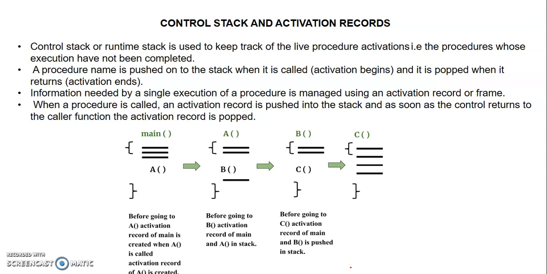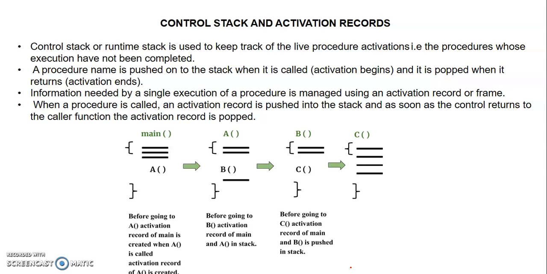A control stack or runtime stack is used to keep track of live procedure activations, means the procedures whose execution has not been completed yet. And what does it contain? It contains a procedure name which is pushed on the stack whenever it is called, means whenever activation starts, and it is popped out when it returns, means when activation ends.